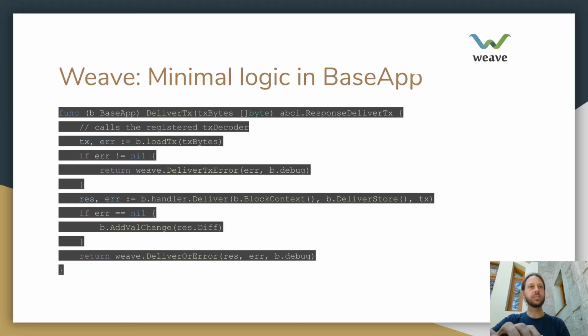And notice also that we take an error here. It says the return is deliver or error. And only at this point does the error coalesce into an ABCI error message. I'll get into that more later, but I think it's a very important point because we have a full Golang error, including pkg errors stack traces and other information we can embed into it up until that point. And once we have gone through the stack, you have full access to all the information.